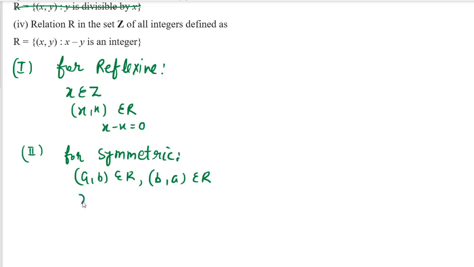If x comma y belongs to R and y comma x is also in R, then you can say it is symmetric.